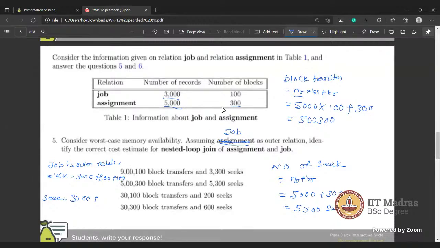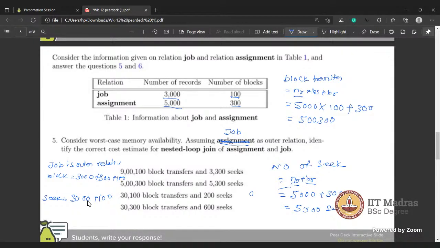So there will be 100, right? No, 300. The inner block is changed, right? BR is the inner block, not the outer block. No, this is the outer relation: the number of records in the outer relation and the number of blocks in the outer relation.